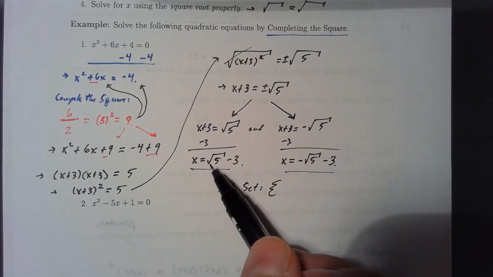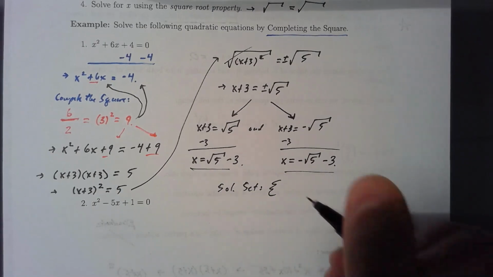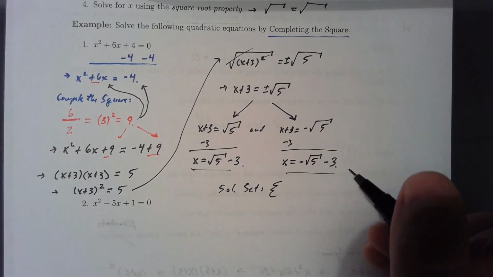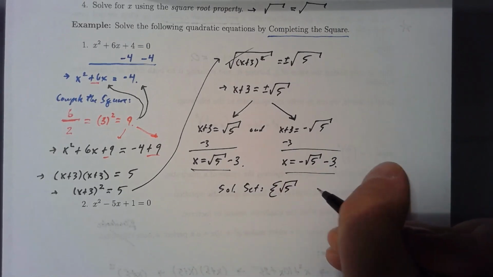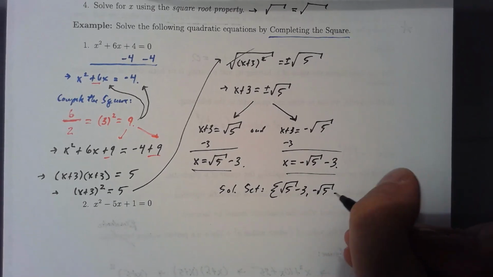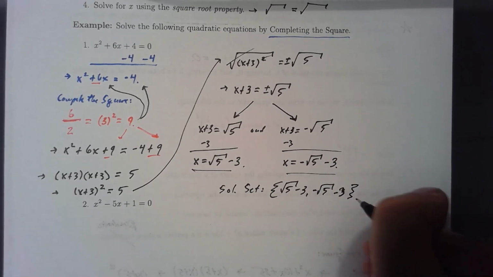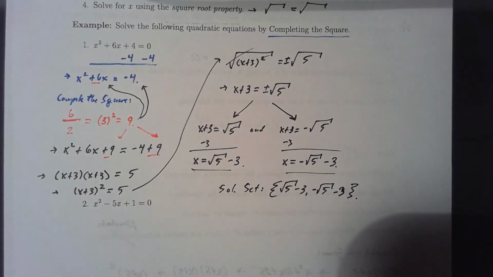So I know, since these are both real numbers, they're going to work. But as a good habit, it's always good to check your solutions. I'll just write out the solution set as square root of 5 minus 3, comma, negative square root of 5 minus 3. Or you could write that as plus or minus root 5 minus 3. Up to you.